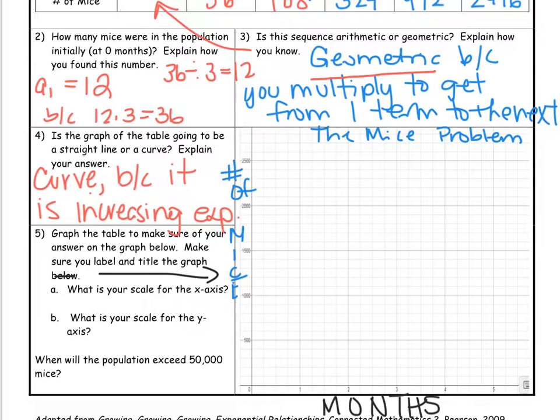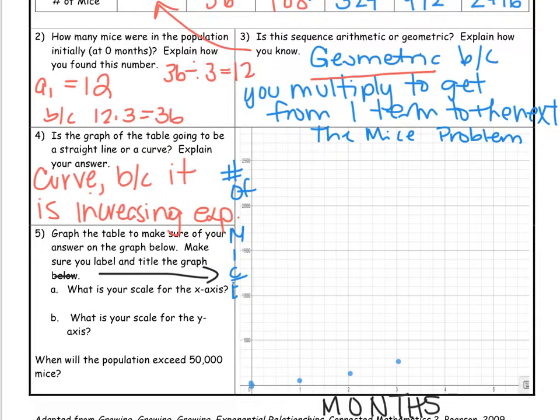So we need to graph our first point at 0 months. We started out with a mouse population of 12, so that's going to be all the way down here. At 1 month, we had a mouse population of 36. At 2 months, it was 108. At 3 months, it was 324.